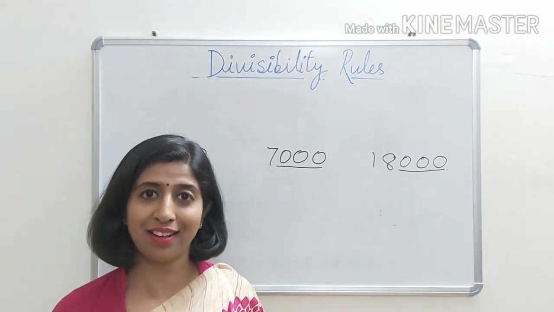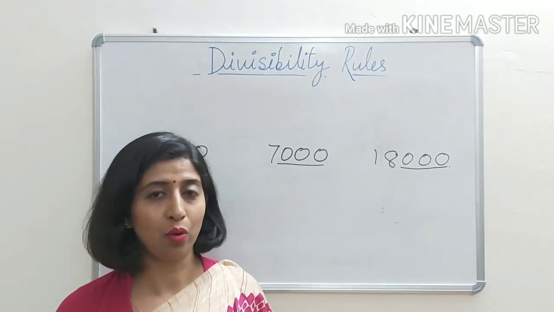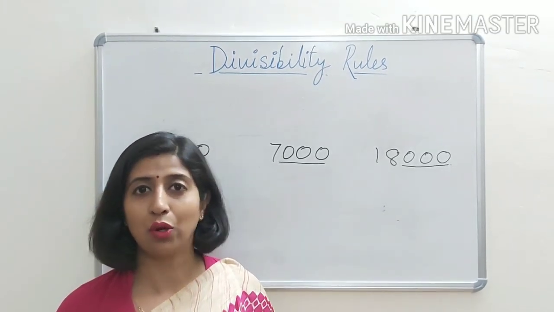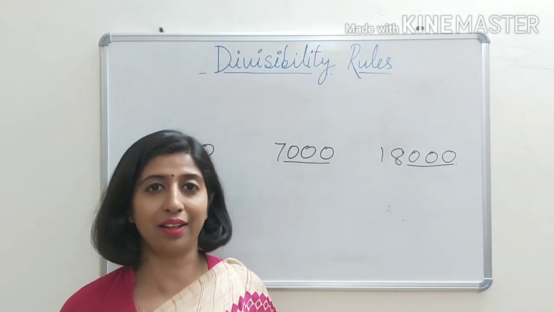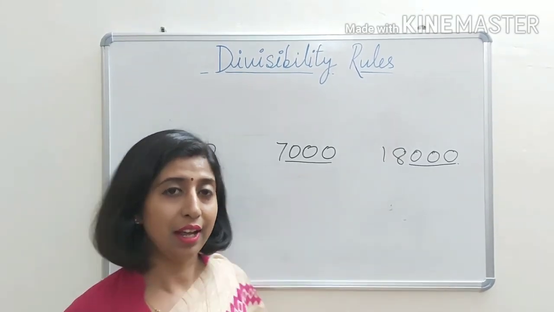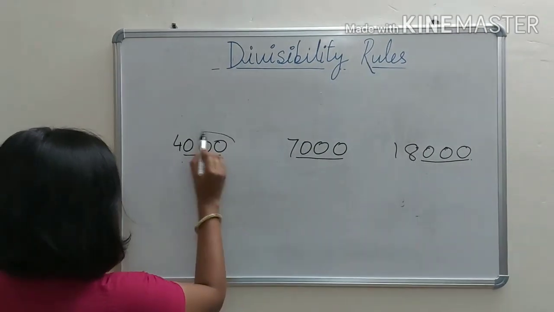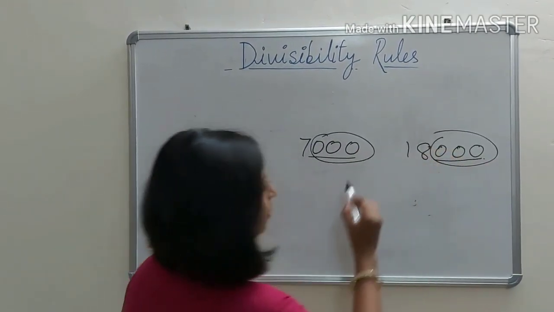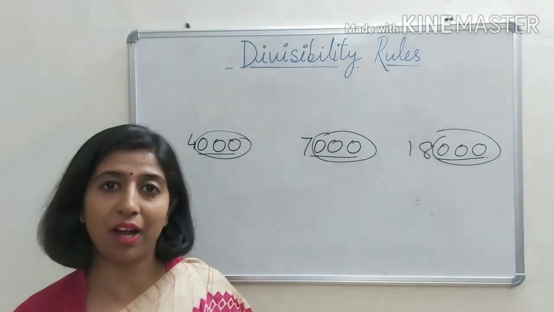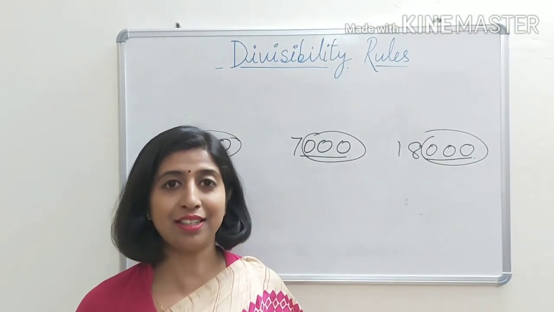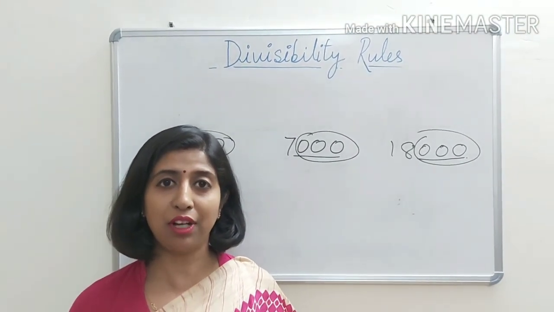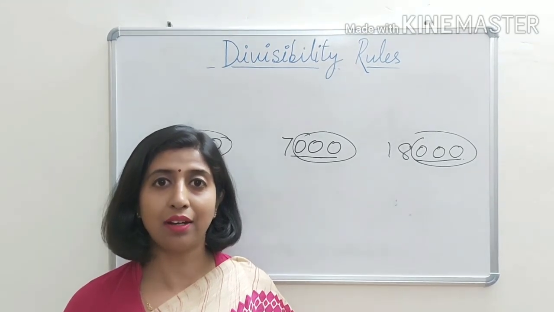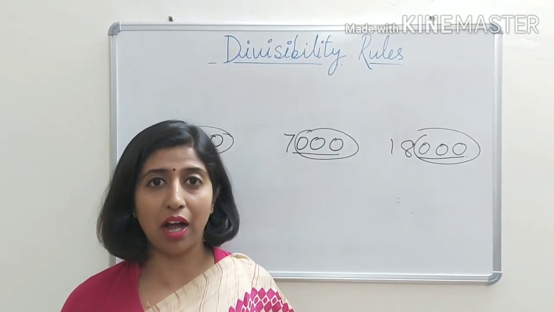Feeling helpless? But don't worry. Why? Because we need not do anything. Because if any number has 3 zeros at the end, then the number itself is divisible by 8. This is one more divisibility rule to check the divisibility by 8.